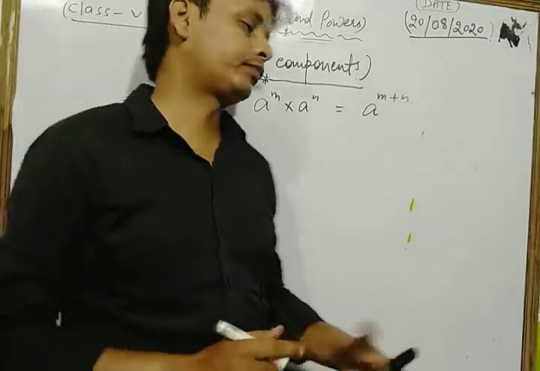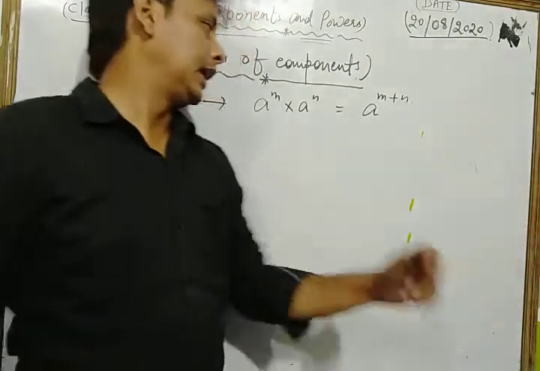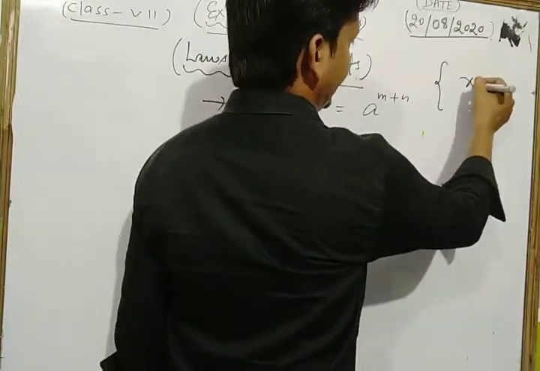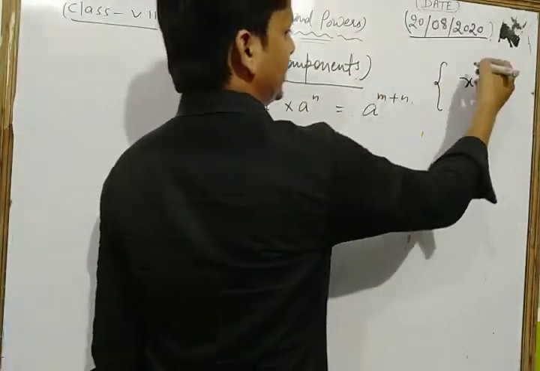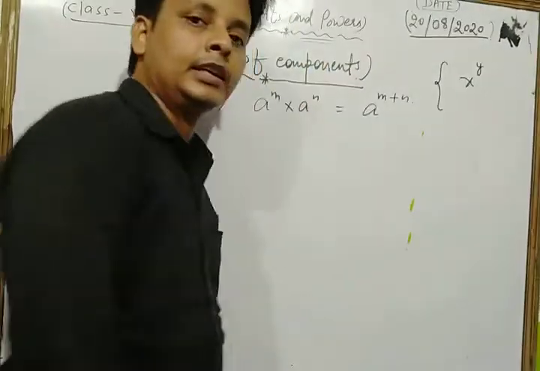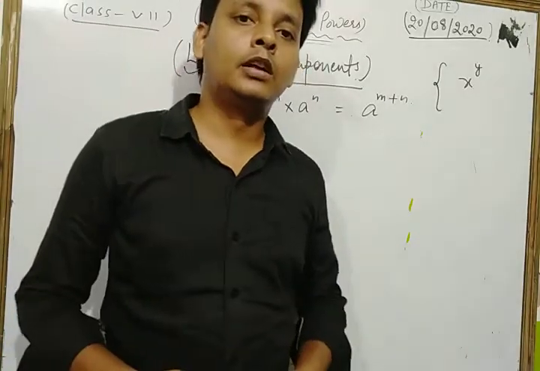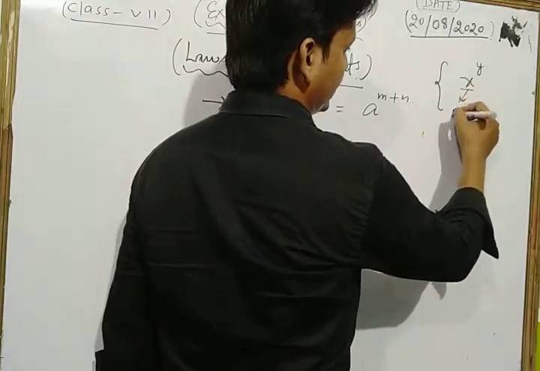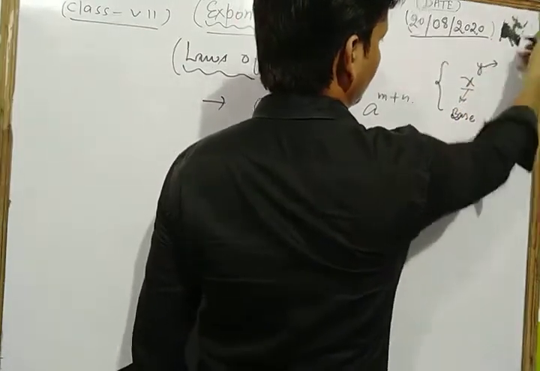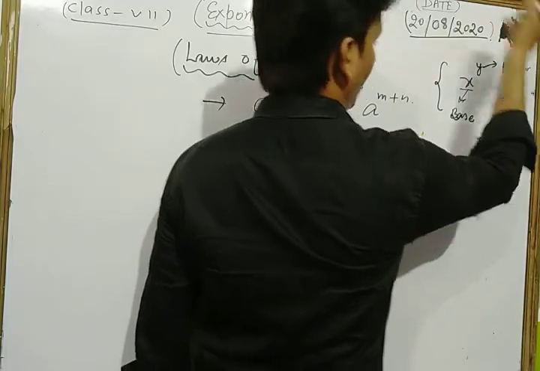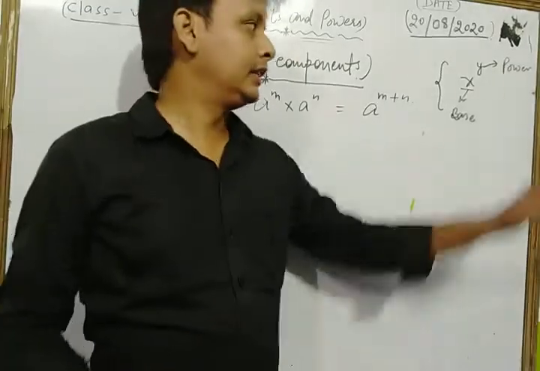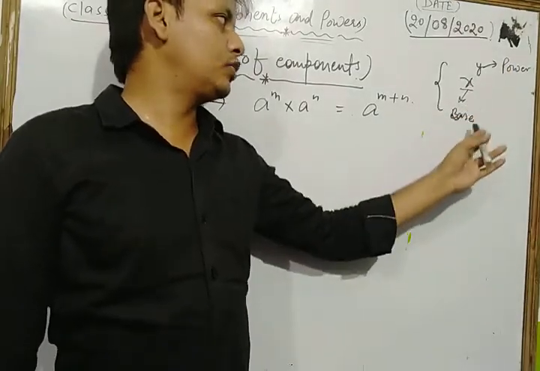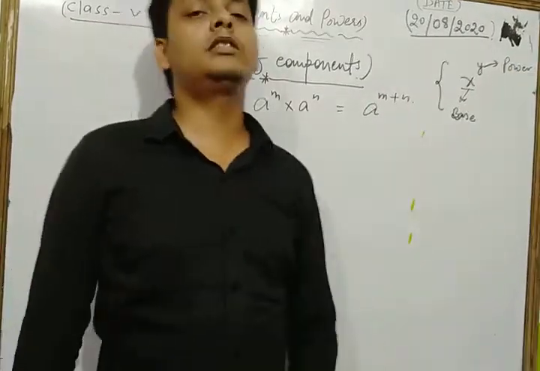One important thing here: if any number is written in exponent form, that is x to the power y, here the value x is known as its base, and y is known as the power. So x is the base and y is the power.